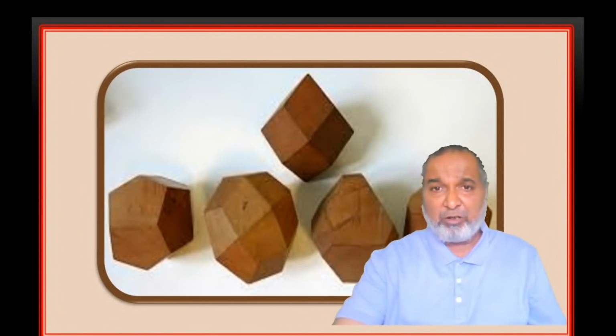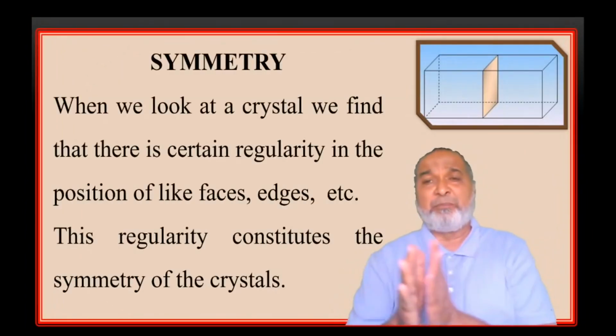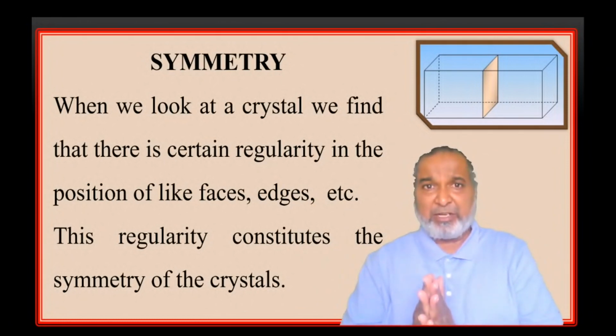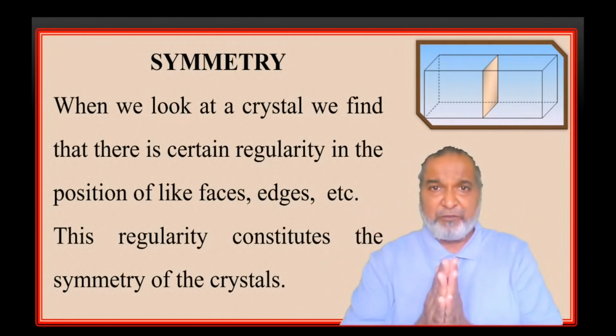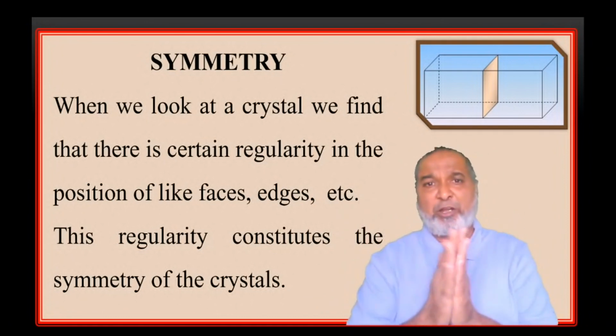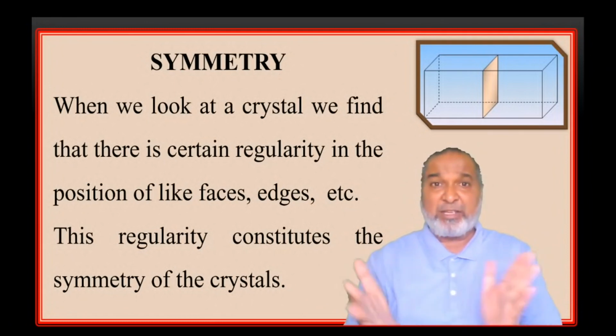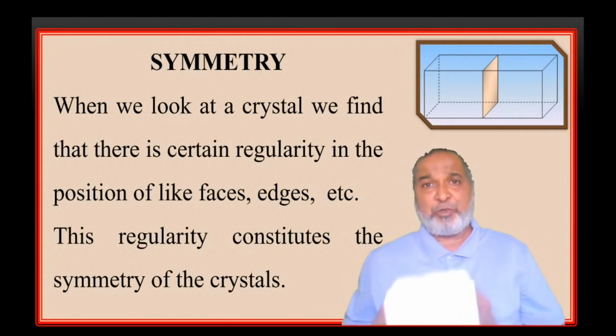Say here we have a model from the cubic system. Yes, simple one. What is symmetry? Symmetry means a crystal which is regularly divided into faces, edges, corners. Then that is called symmetry. So when you look at a crystal, for example here we have a cube.